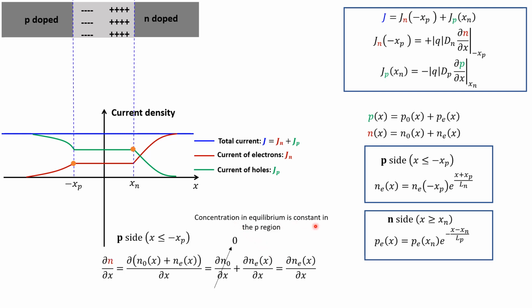But the concentration in equilibrium must be constant across the p-doped region. After all, this is just the concentration of free electrons in a p-doped semiconductor, so it cannot depend on x. That means this term is constant within the p-doped region, so this derivative must be 0. So we have only the contribution of the excess concentration of free electrons.